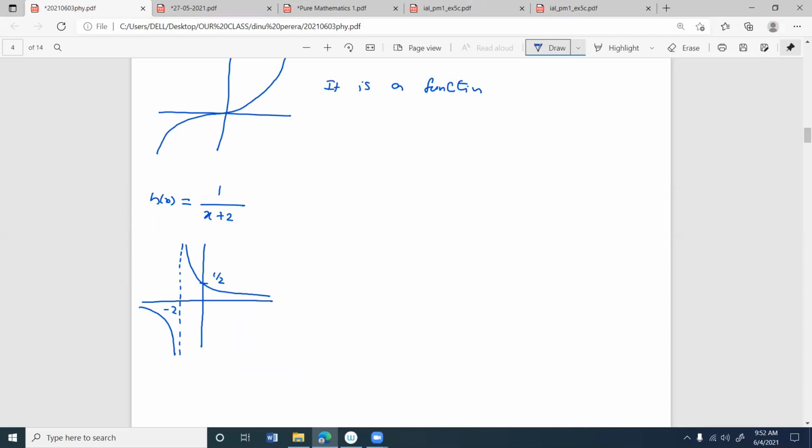Now tell me, is this a function or not a function? Pasindu, what is your opinion on this? And Amelia, what is your idea on this?